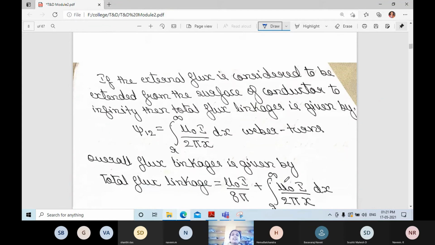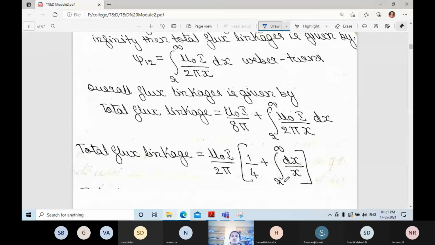If the external flux is considered, we have taken only 2 points. If the case is up to infinity, the flux linkage is given by psi12, which is equal to the integral from r to infinity of mu naught I divided by 2 pi x into dx Weber turns, that is the unit. The overall flux linkage, due to internal and also external, is mu naught I divided by 8 pi plus the integral from r to infinity of mu naught I divided by 2 pi x into dx.